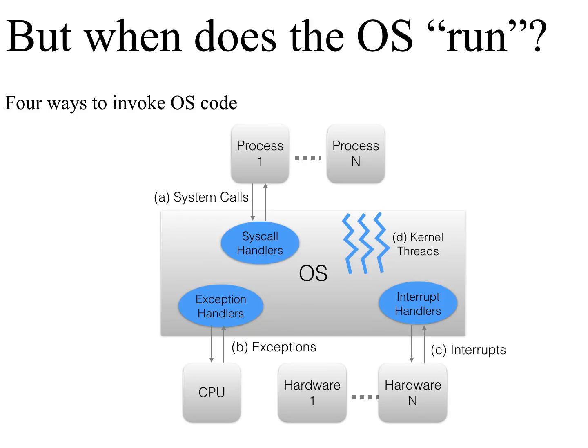The second time that an operating system can execute is when there are exceptions during the execution of a process. By exceptions, we mean that when a process is executing, let's say it makes an error, for example, dereferencing a null pointer, or a divide by zero operation, or accessing invalid memory addresses, and so forth.